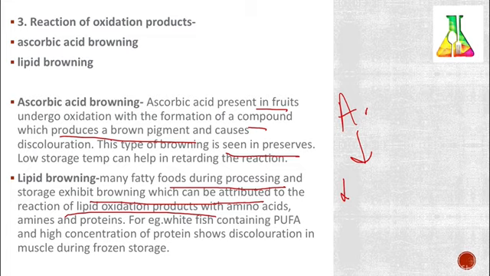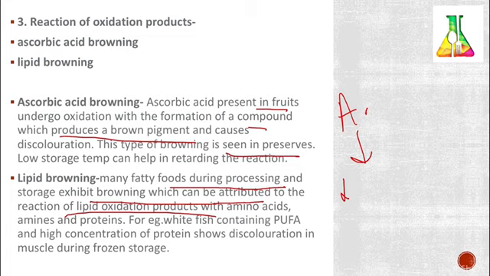The tannin in fruits and vegetables reacts with the iron of the tin plate to form ferric tannate, which is black in color and spoils the appearance. So the metal reacts with the tannin in fruits and leads to the change of color in fruits and vegetables. The metallic contamination can be avoided by using glass containers, or uniformly coating the interiors of the cans with suitable lacquers.